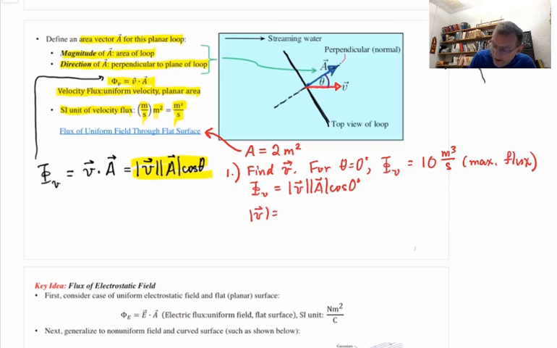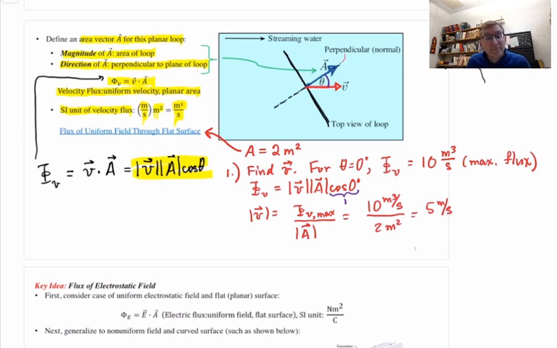Of course, I know that cosine of 0 is 1, so I don't need to write that anymore. So V magnitude is phi sub V, the maximum velocity flux value, divided by the area inside the loop. That's 10 meters cubed per second over 2 meters squared. That's 5 meters per second.